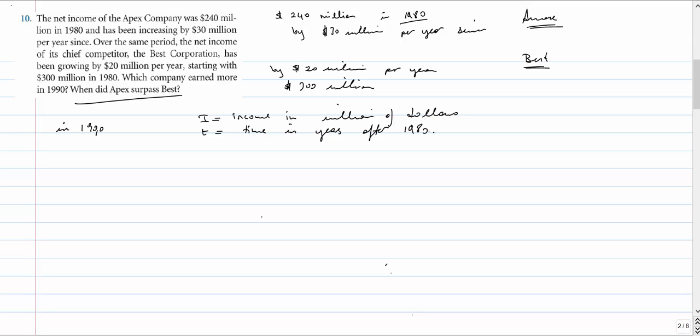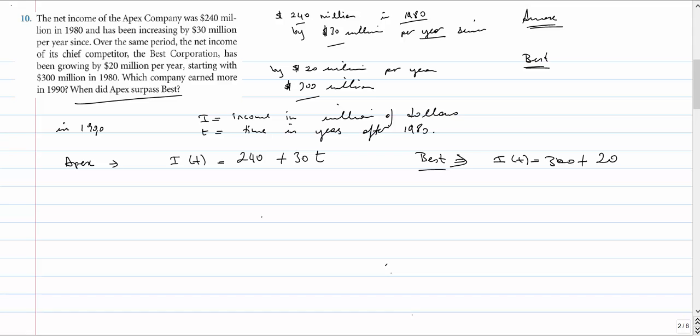So the equation representing income for Apex, income based on time, is 240 is your fixed amount and 30 per year multiplied. For Best company, income based on time is 300 is the fixed amount, and then 20 million per year.